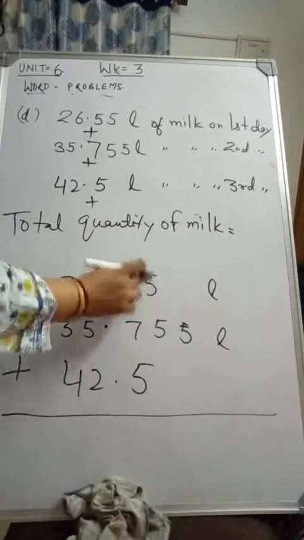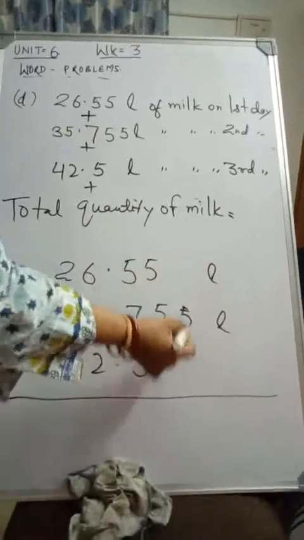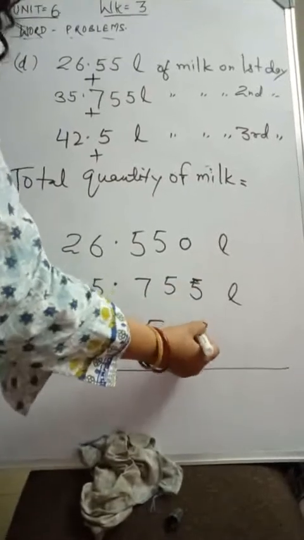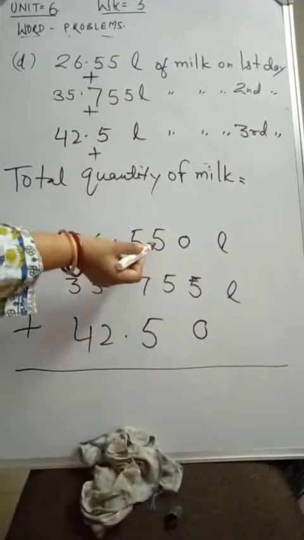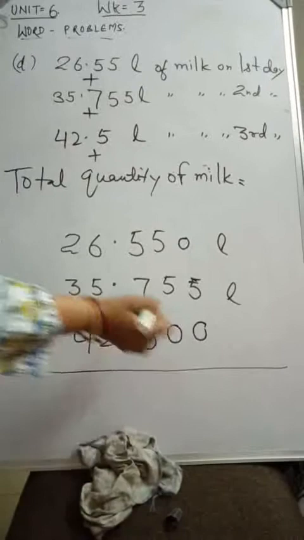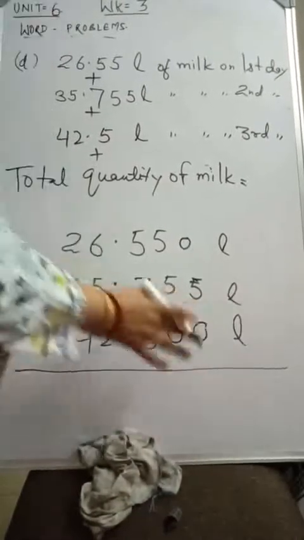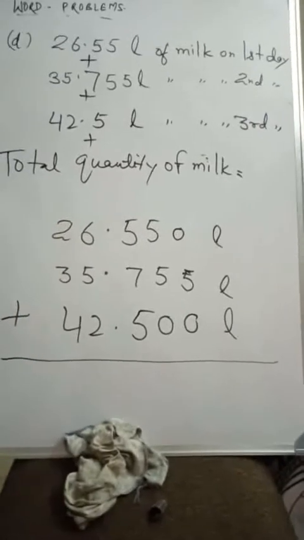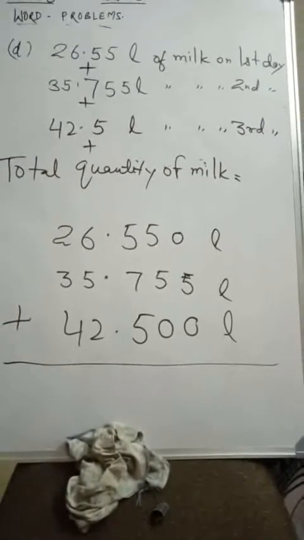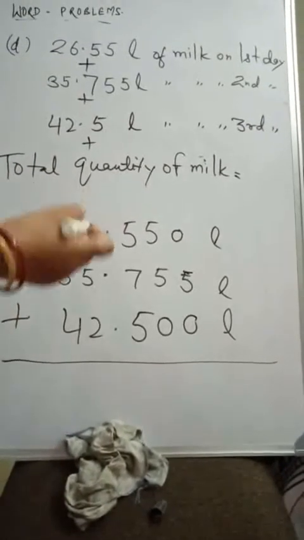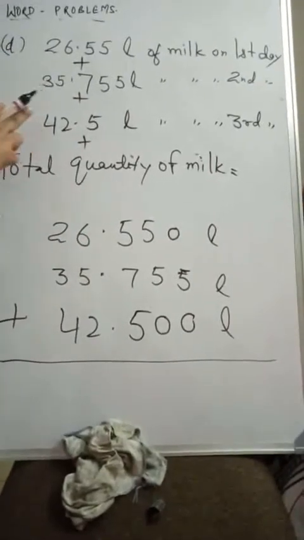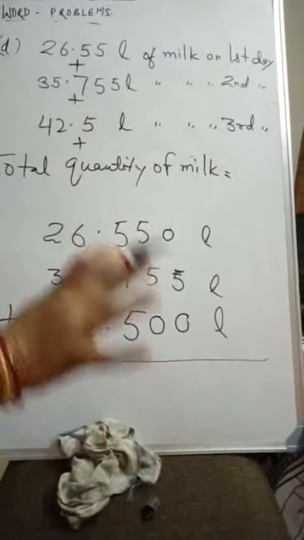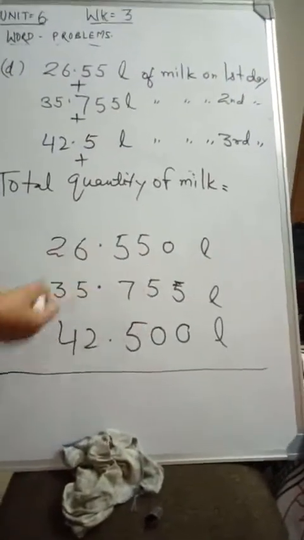In the first column, this place is vacant, put 0. Here is 5, this place is vacant, put 0. In the second column, 5, 5, put 0 over here. Now each and every column is completed and correct, so you will do the addition.